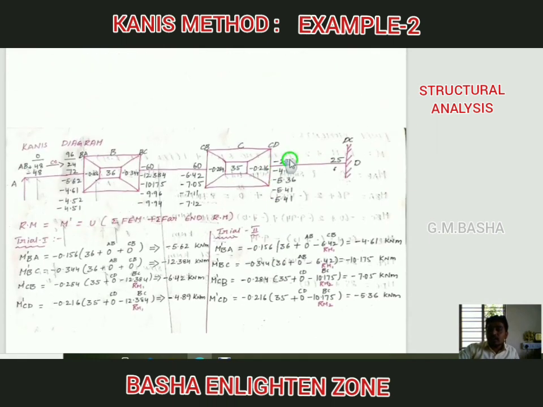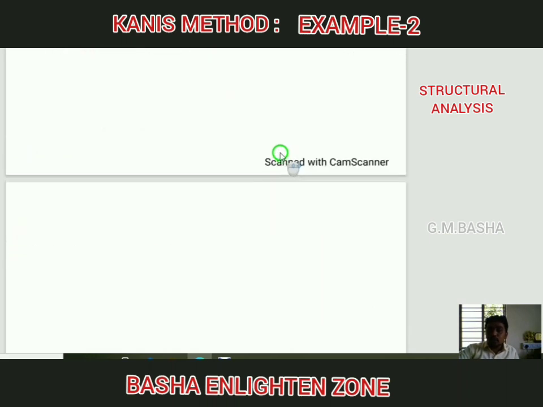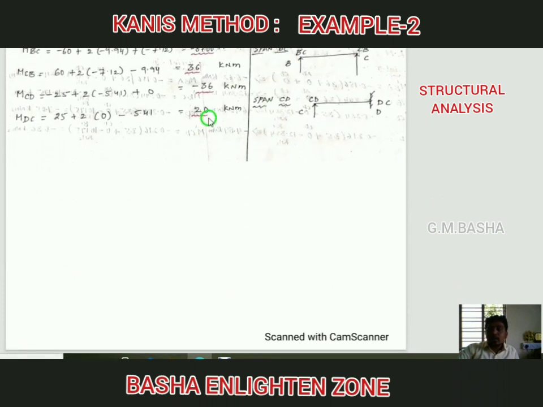And finally, M_DC. Here D is simply supported, so you would get 0 for the rotation, but there will be a fixed moment. Fixed moment is 25 plus 2 into its near end 0 plus far end rotation minus 5.41. 25 minus 5.41 gives approximately 19 point something. I directly take the approximate value, 20 kilonewton meter.